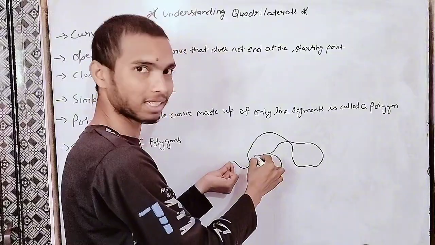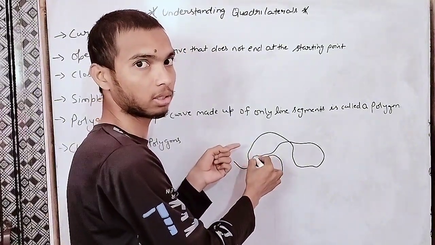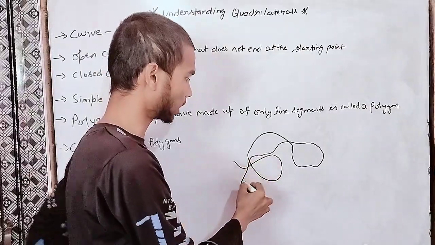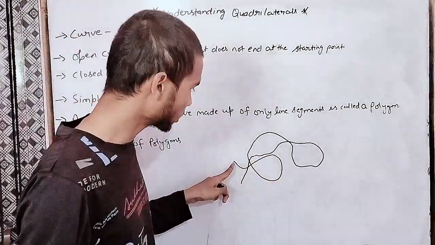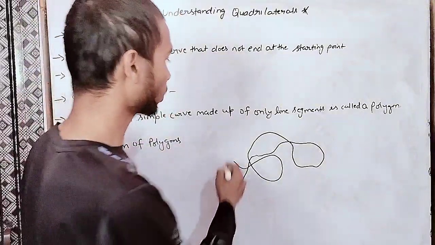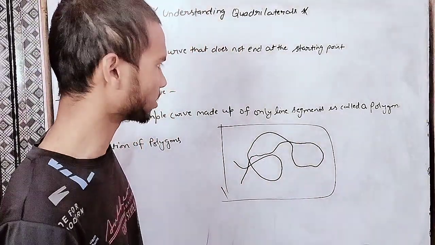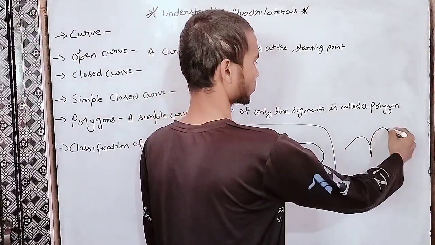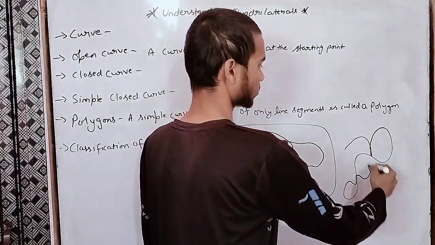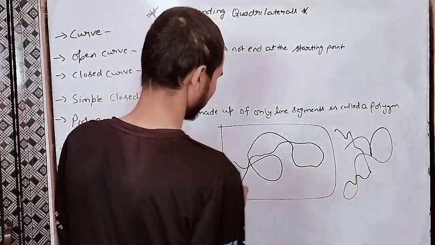Your first point is this and your second point will end like that. So here this is the first point and this is the second point. Now you can say this is a curve. This is also a curve.